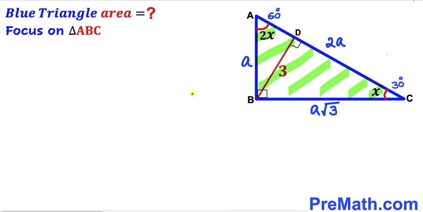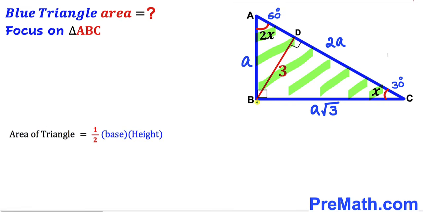And now let's focus once again on this big blue right triangle ABC. And since we are interested in calculating the area of this blue triangle ABC, let's recall the area of a triangle formula. Area is always equal to a half times base times the height of the triangle.